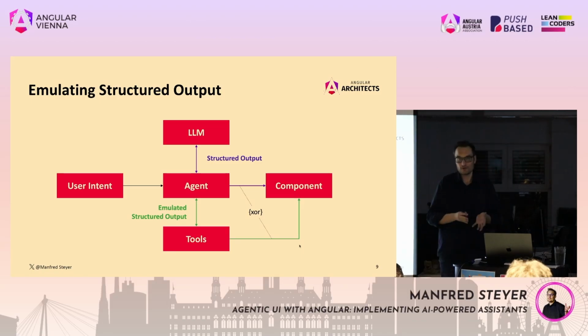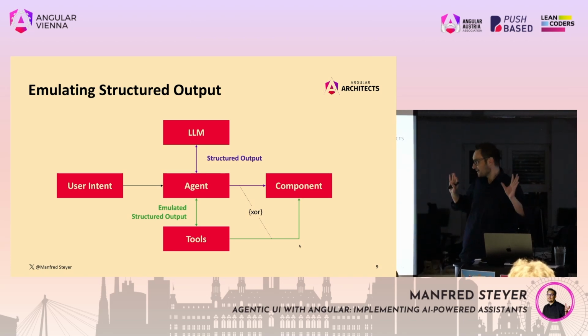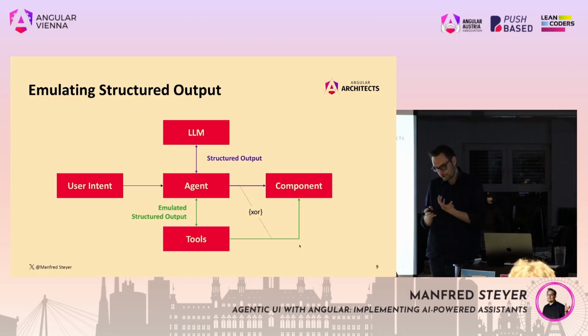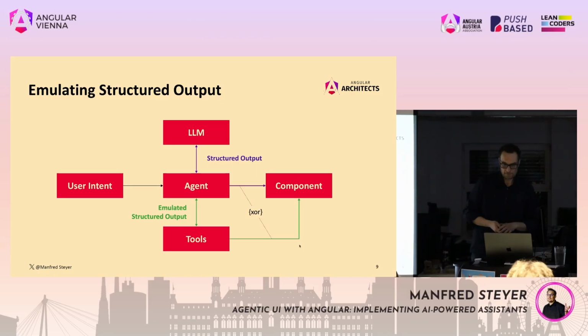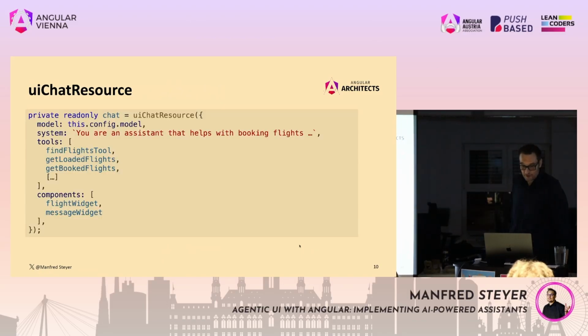The final call needs to be a tool call that is getting the structured output and a tool that is displaying this or that component. When it comes to OpenAI, then it's more flexible. OpenAI can mix and match structured outputs with descriptions of components and tool calls. And then we get this resource.